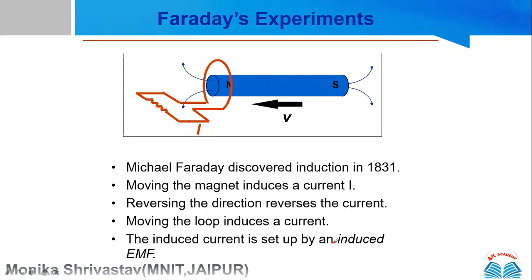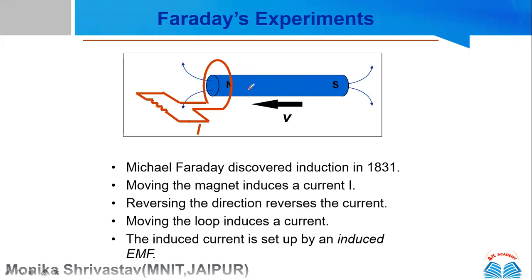So Faraday, the scientist Faraday, did some experiments and told us some results. So what was that experiment? Induction was discovered by Sir Michael Faraday in 1831, and you can see in this picture, this is a coil, and you can see that a magnet is there.